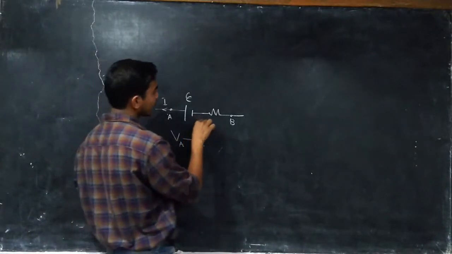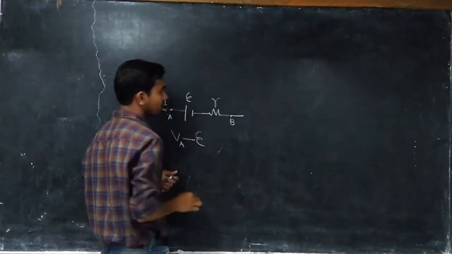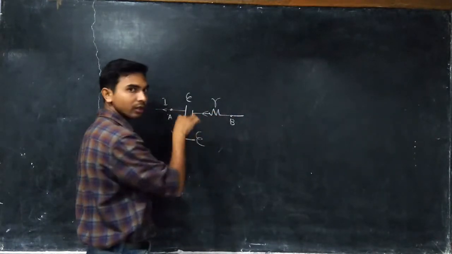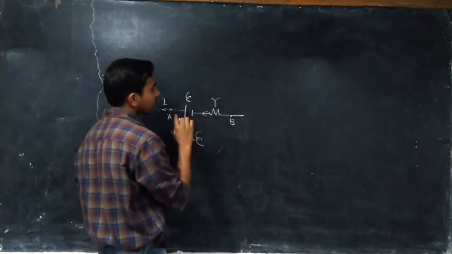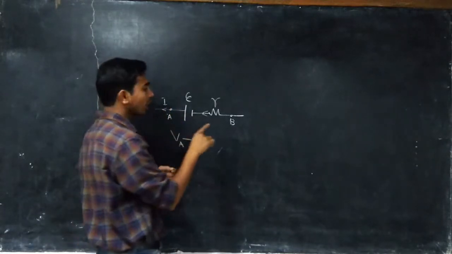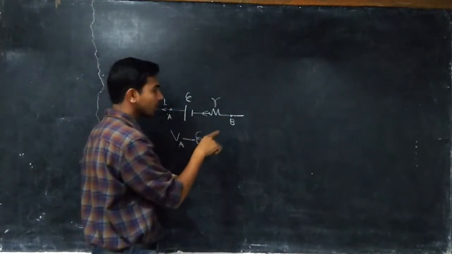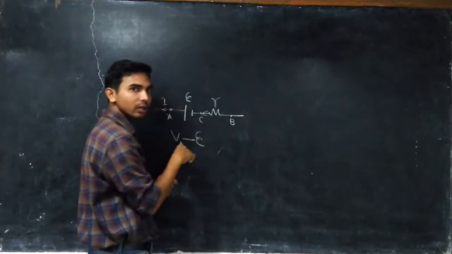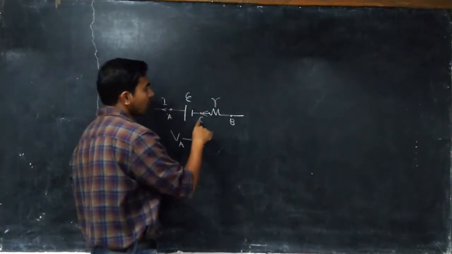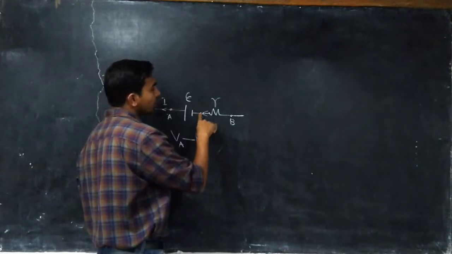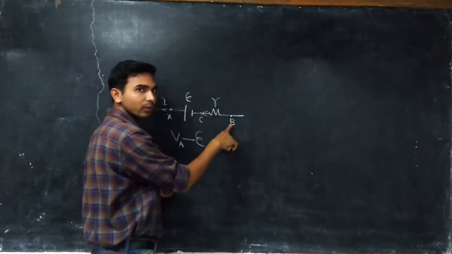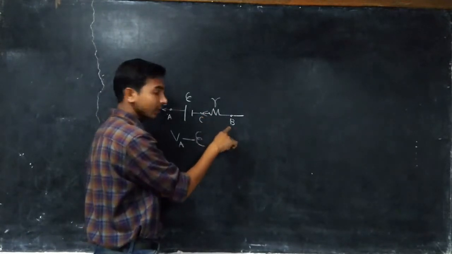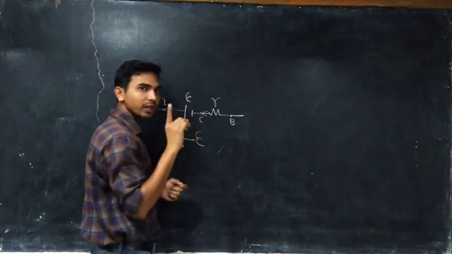And now again you can see here, this is your internal resistance, and current is flowing in this direction. Current always flows in the direction of higher to lower potential. That means B is at higher and C is at lower potential. So suppose we are going to move from this point to this point, that means we are moving from lower to higher, so potential is increasing.